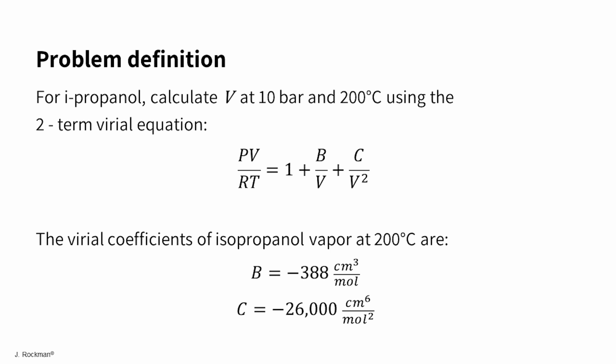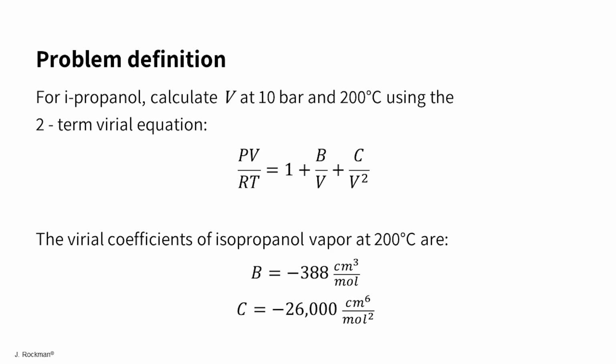We're trying to find the specific molar volume, V, for a gas, in this case isopropanol, at a pressure of 10 bars and a temperature of 200 degrees Celsius. The equation we're going to use in order to solve this is the two-term virial expansion given by PV over RT equals 1 plus B over V plus C over V squared, where B and C are the virial equation coefficients relevant for a specific compound and temperature.